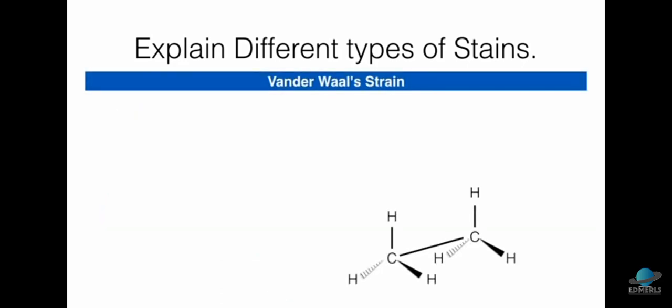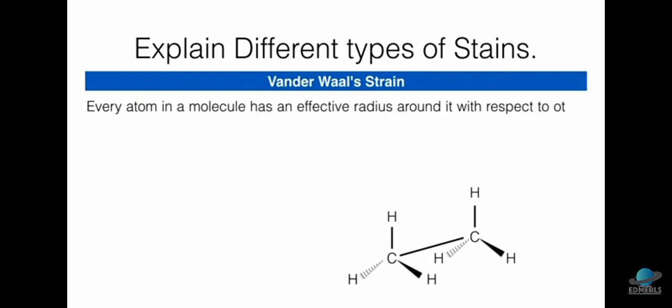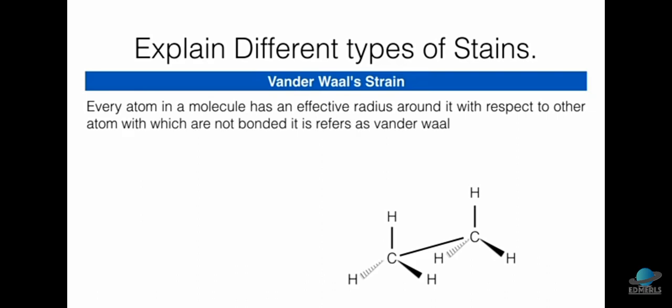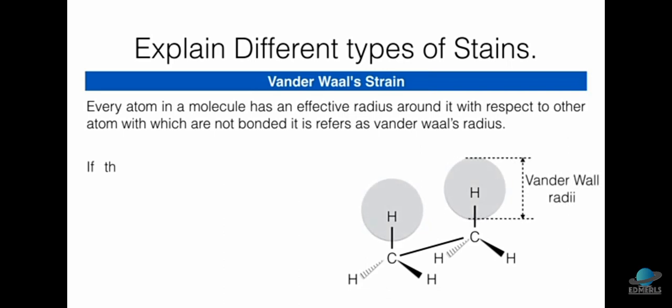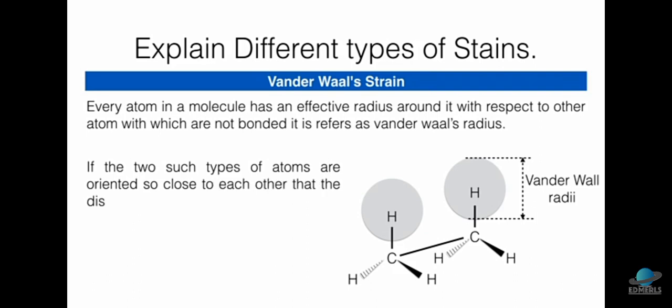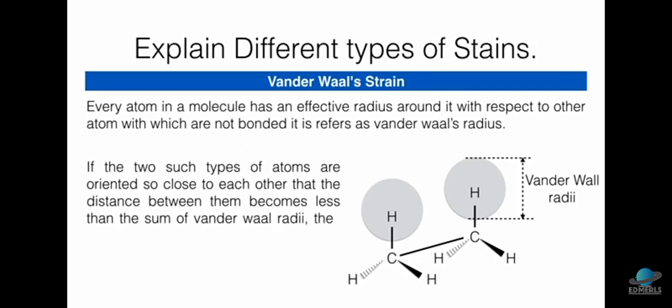So let's talk about the van der Waals strain. Every atom in a molecule has an effective radius around it with respect to other atoms with which it is not bonded. This radius is referred to as the van der Waals radius. If two such atoms are oriented so close to each other that the distance between them becomes less than the sum of van der Waals radii, they start repelling each other.